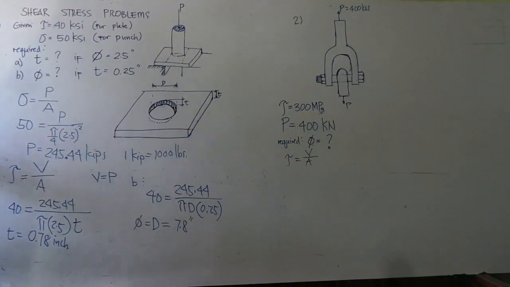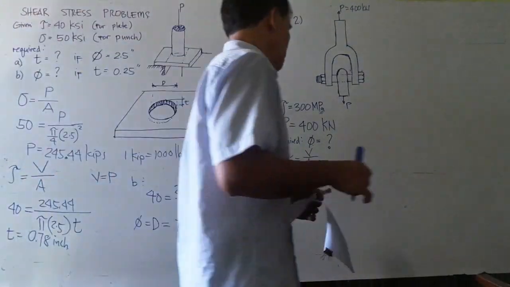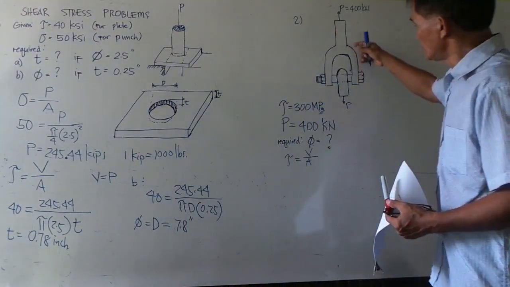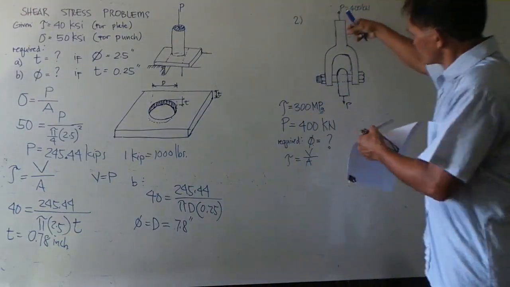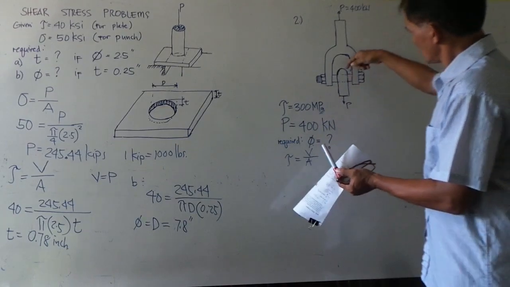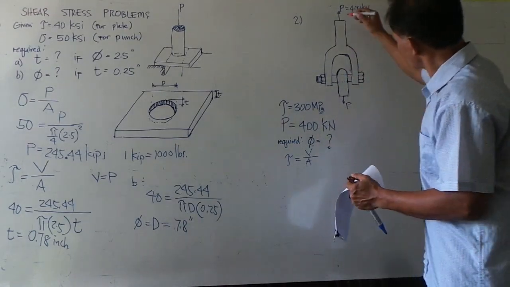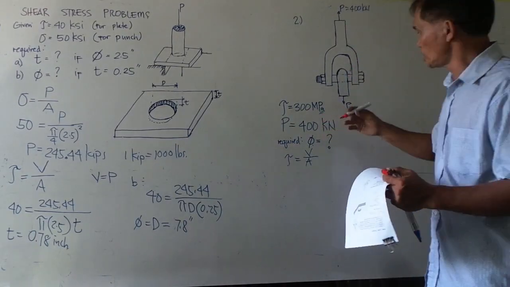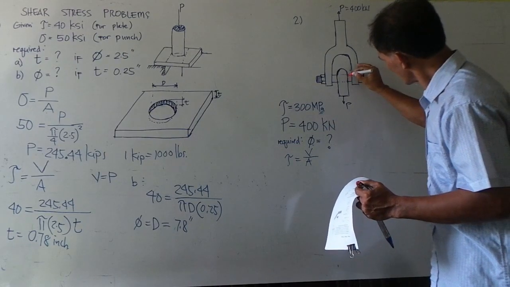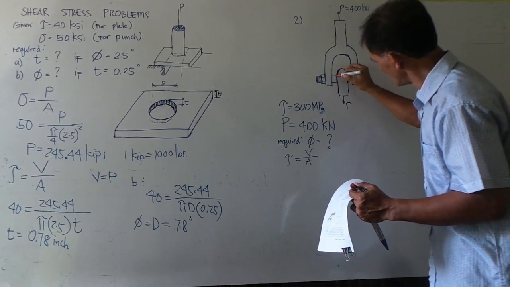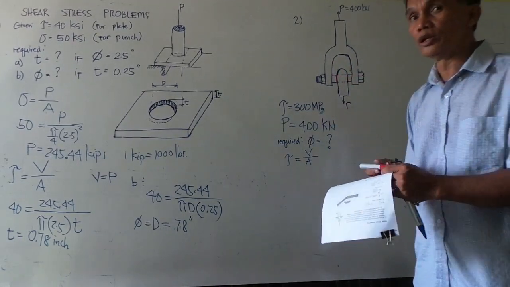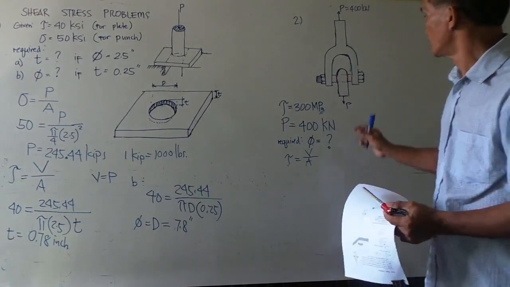So you just try to look at this one. When the force is applied, the part of the bolt that will be sheared is this one. So this is what we term as double shear. It is sheared in two places.